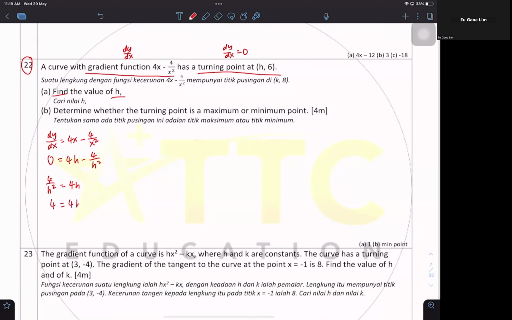H times h squared becomes h cubed. And then times 4, bring over, divide 4. 4 over 4 is 1. 1 equals h cubed. Then cube bring over becomes cube root. Cube root of 1 is 1. So h equals 1. Understand?